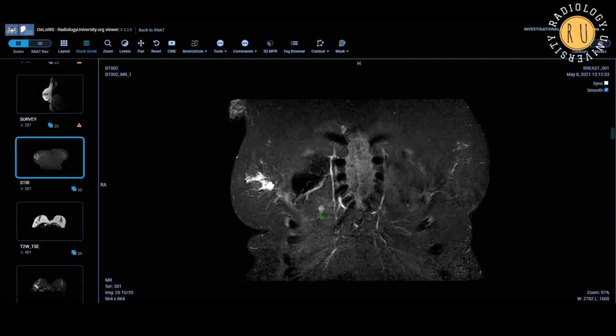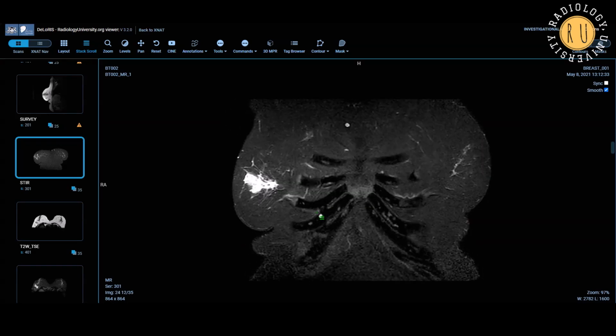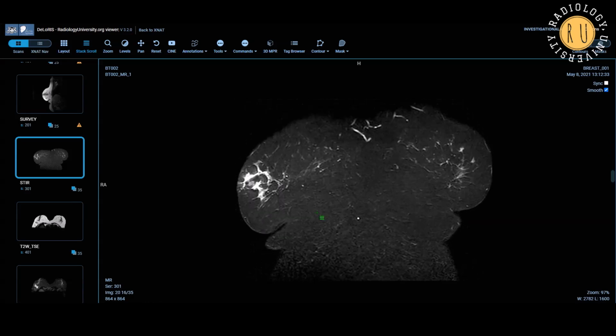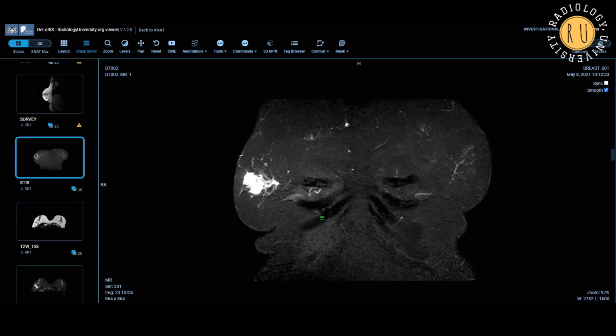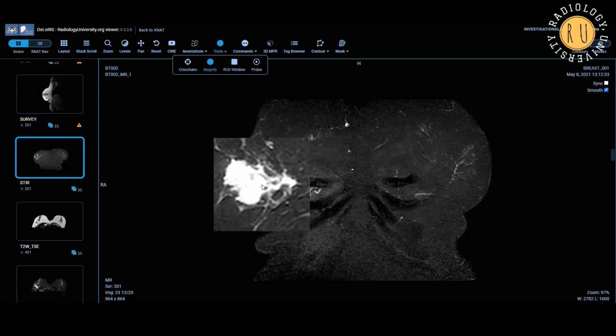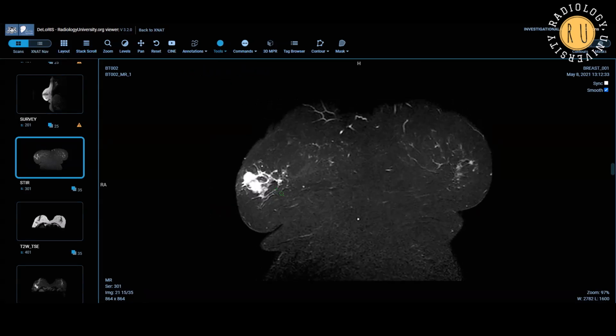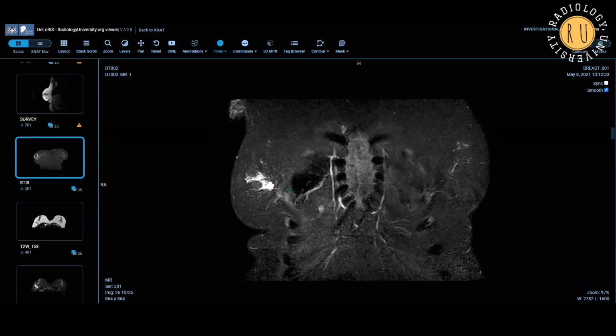This is the STIR coronal view, which again shows the right lateral breast lesion appearing hyperintense with a spiculated margin. This is worrisome for a neoplasm, and there's adjacent architectural distortion.